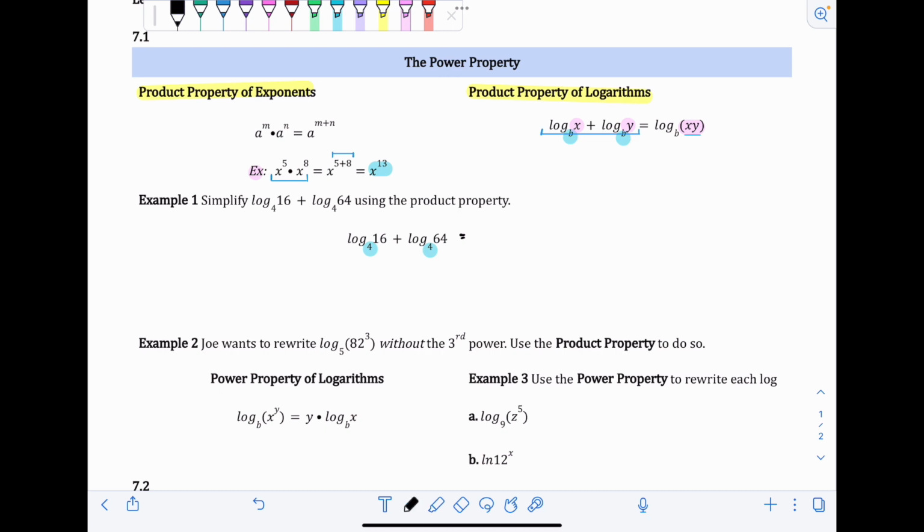So it'd be log base 4 of 16 times 64. And then I can multiply those together, 16 times 64 is 1024.